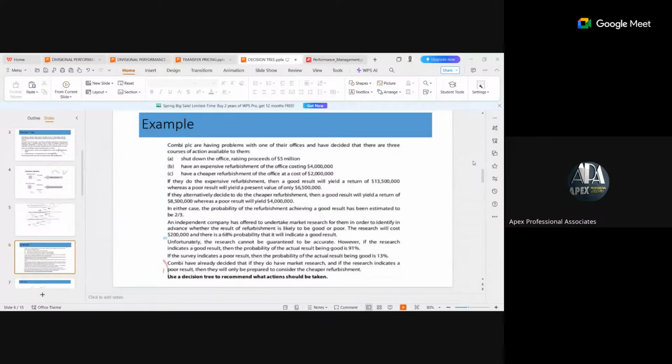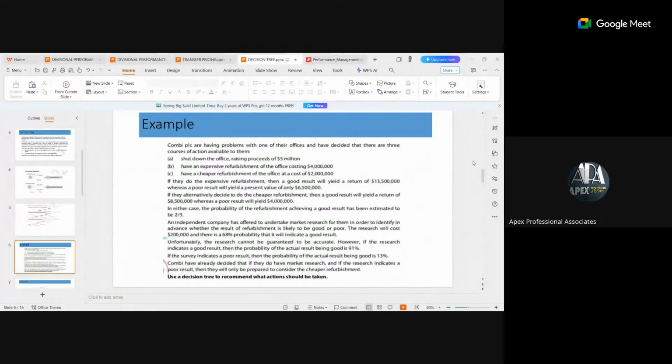So in either case, the probability of the refurbishment achieving a good result has been estimated to be 2/3. Which either case? That is, in the case of expensive, we have 2 options there, good and bad. When it is good in expensive, probability is 2/3.